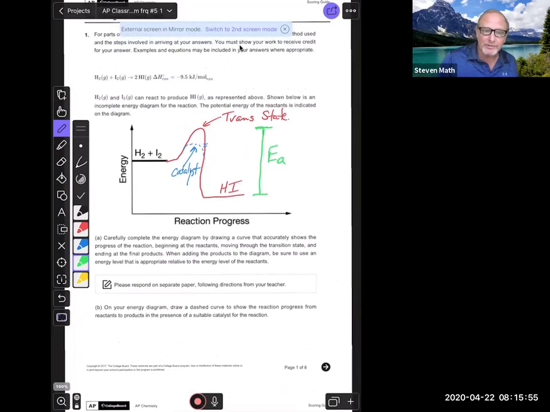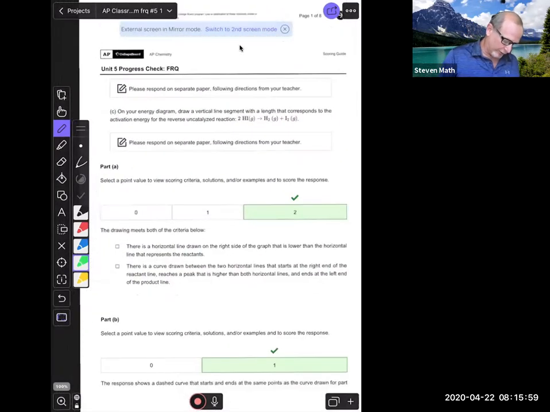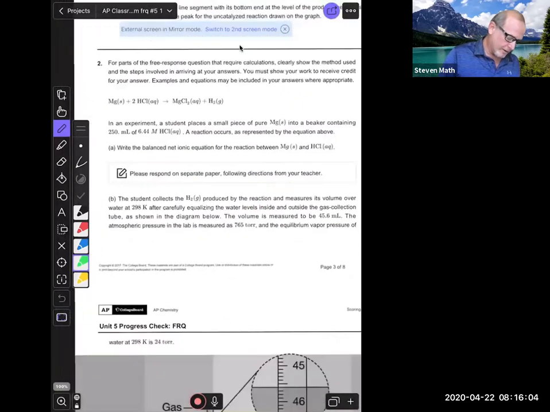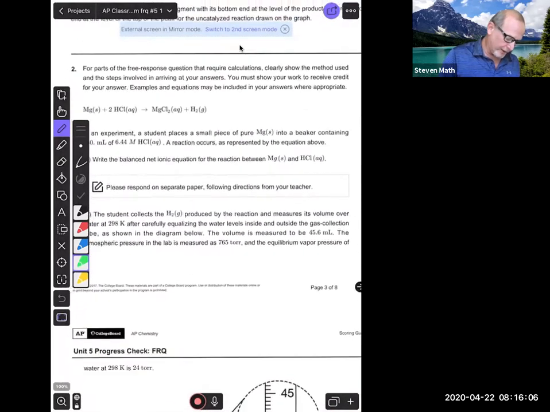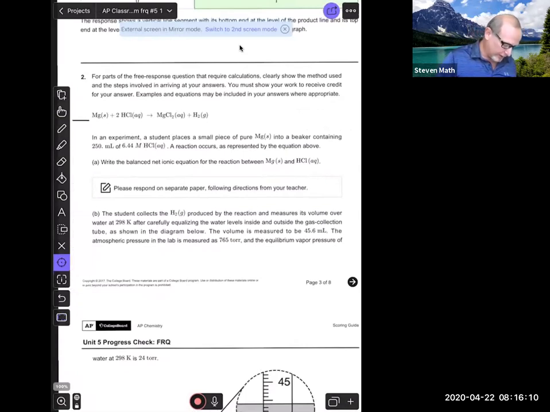Then there was a second question, and the second question involved, for parts of the free response, magnesium being placed into some hydrochloric acid and making magnesium chloride and H2.